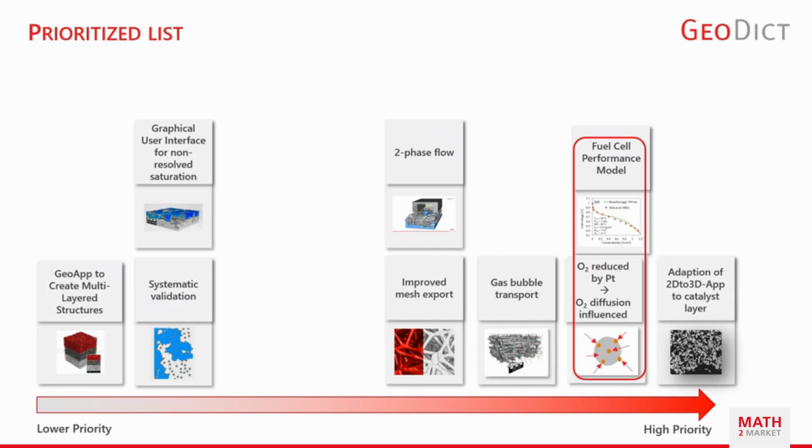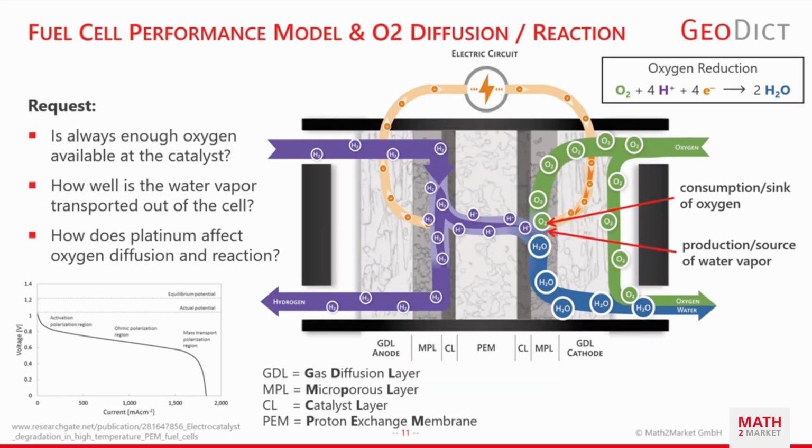So now we come to a different topic, to fuel cells again. I think you have seen this image this morning already. For me, the fuel cell has similarities to batteries. So you have the anode and the cathode side. Hydrogen flows through the anode side, and some parts of it will lose its electron and travel as protons through the proton exchange membrane.